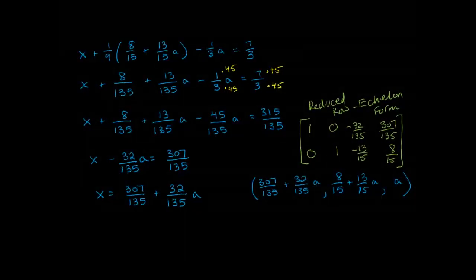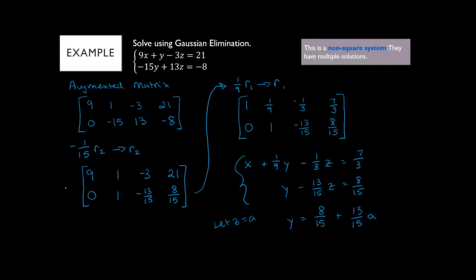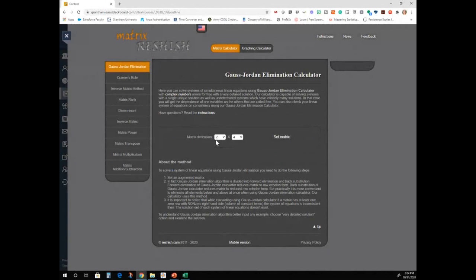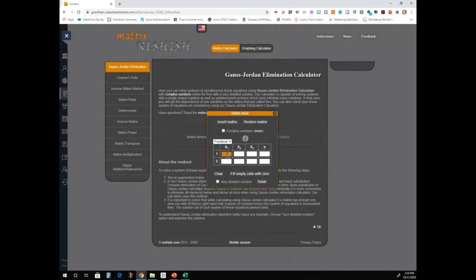And actually, I'm going to enter in this system just to double check. So this is 2 rows and 4 columns. So you have to enter in if there are any decimals. So you actually, on this one, you get to choose. But the numbers are 9, 1, negative 3, 21, 0, negative 15, 13, negative 8.